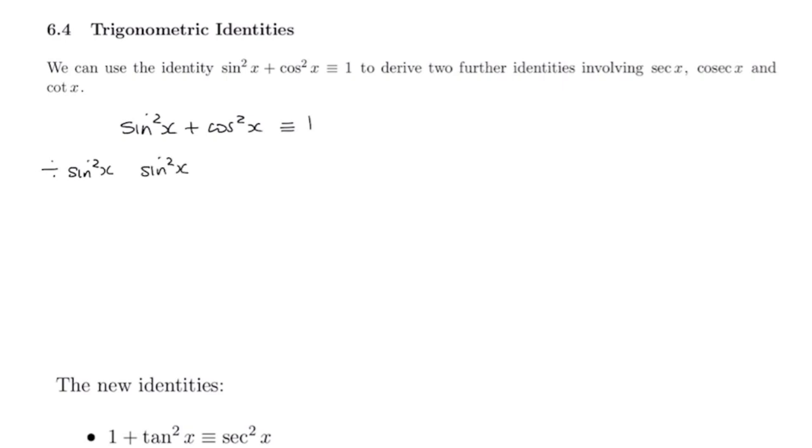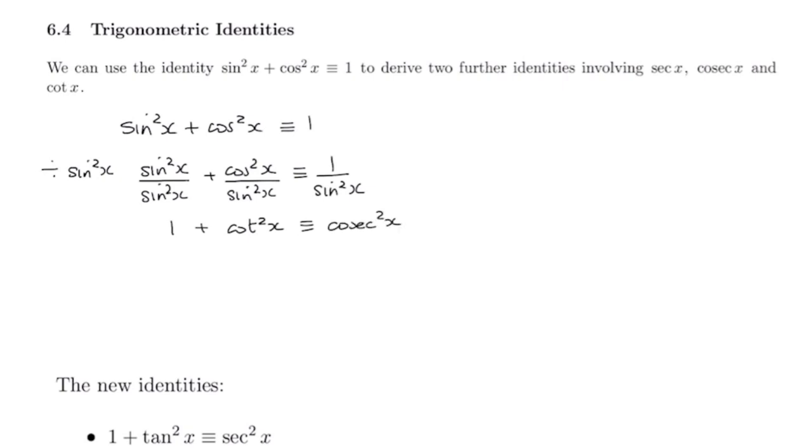We get sine squared x over sine squared x plus cos squared x over sine squared x is identical to 1 over sine squared x. And of course, sine squared x over sine squared x is 1. Cos squared x over sine squared x is cot squared x, and 1 over sine squared x is cosec squared x.